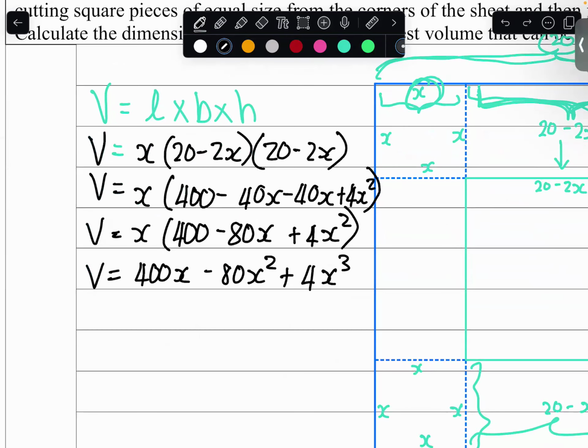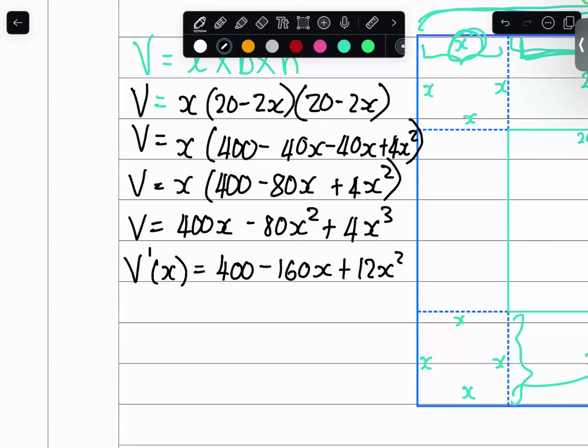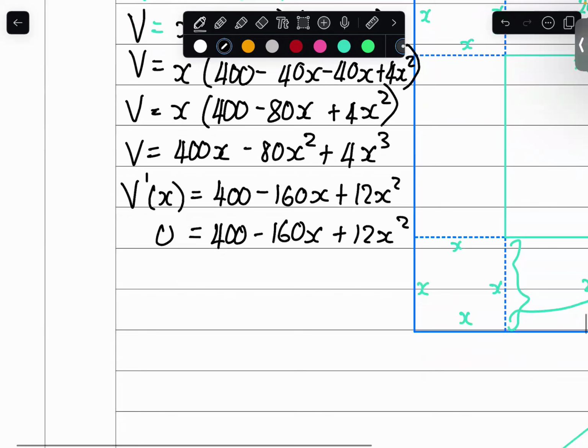You find the derivative, you make it equal to 0. So we're going to find V prime of x. It's going to give you 400 minus 160x plus 12x squared. You're going to make it equal to 0, and you're going to solve for x. Right. When you factorize, I'm going to divide right through by 4 first, just to simplify my life.